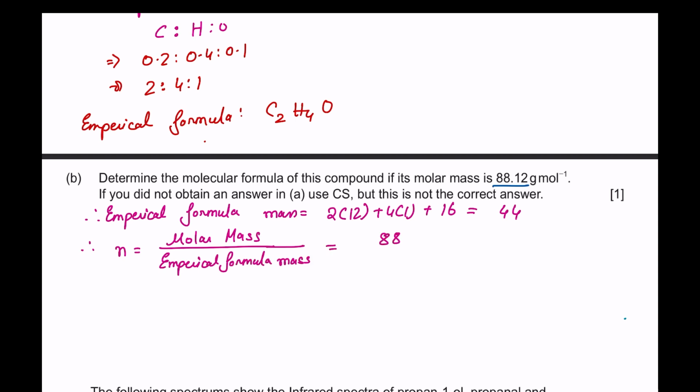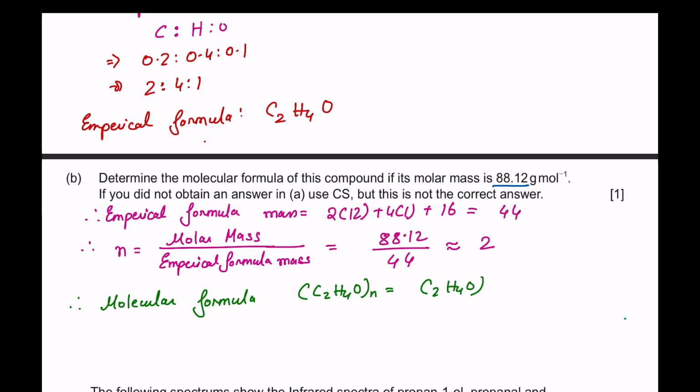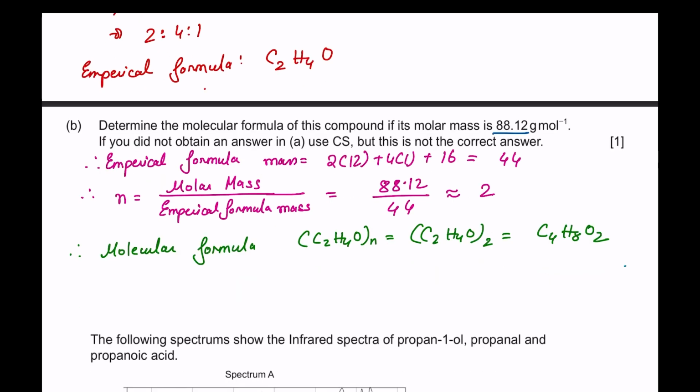It's given as 88.12, the molar mass, and the empirical formula mass is 44, which approximately gives you a value of 2 for n. Now we know n, so the molecular formula would be (C2H4O) whole n, so it would be (C2H4O) whole 2. So finally we get C4H8O2, which is the molecular formula, and that's the correct answer to this question.